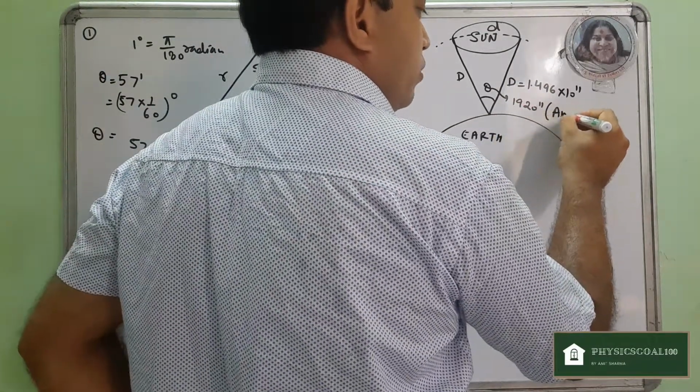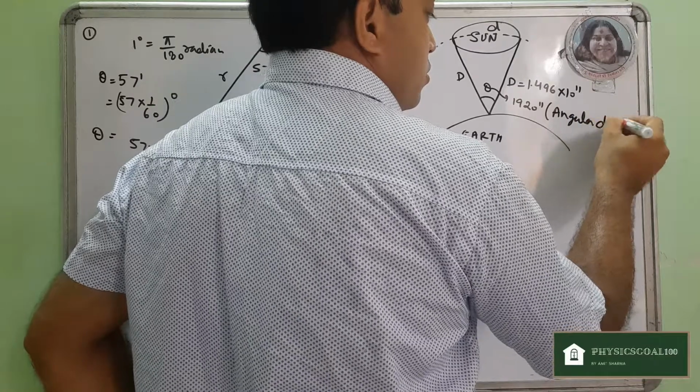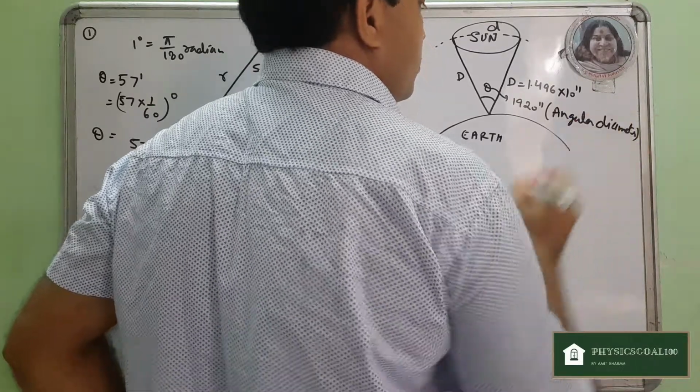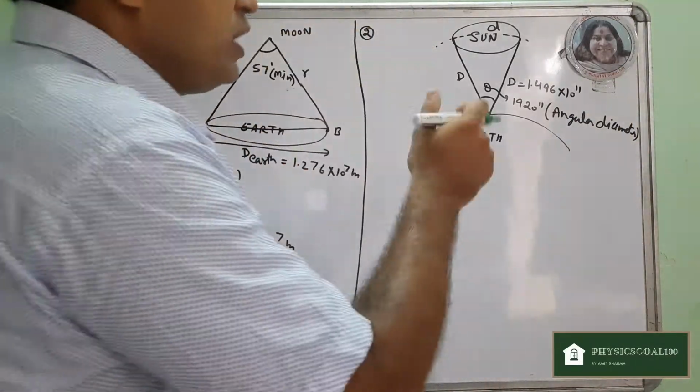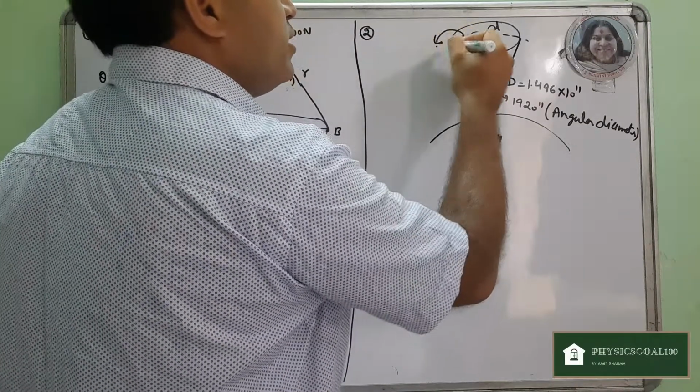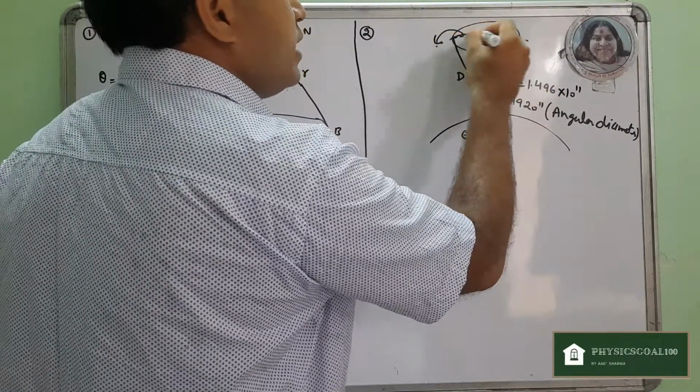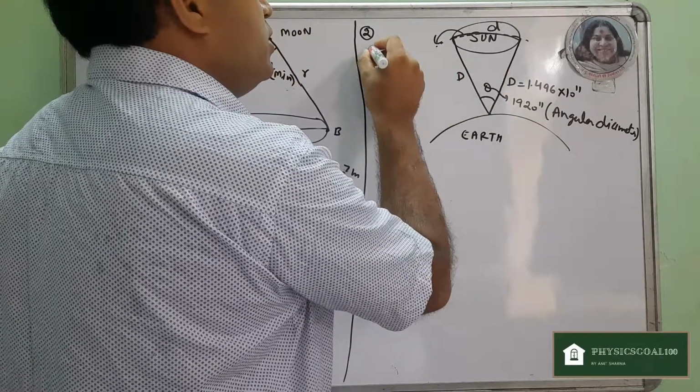It is called angular diameter. Then we have to find linear diameter. Linear means this actual length. Linear diameter.